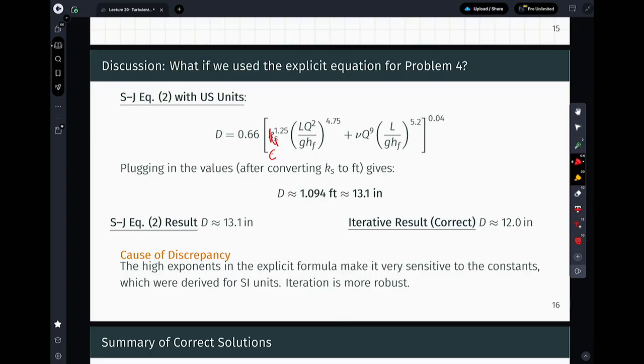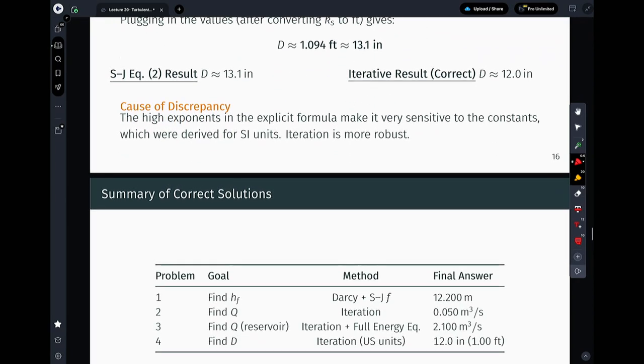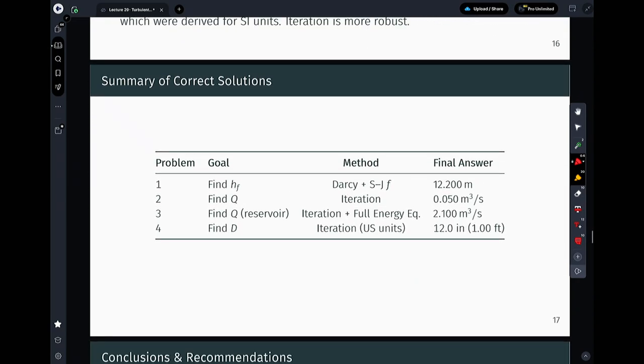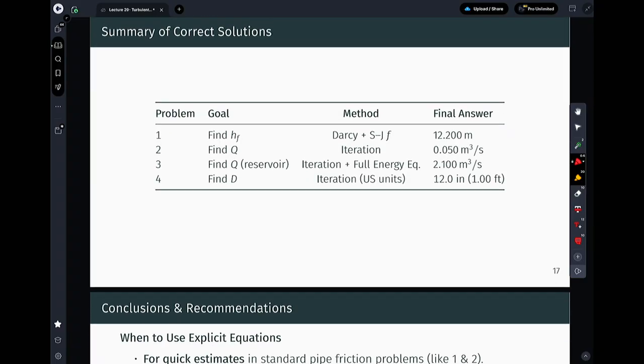And again, this is great work for you to enjoy over the weekend and think very hard about fluid mechanics. So, a whole bunch of solutions. You can do it a whole bunch of different ways. You are required to know how to do it on the Moody diagram. You have the option of doing it any way you want to. So find hf, find Q, find D.